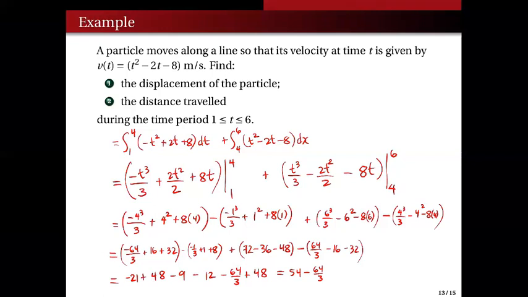And what's 54 times 3? That's 162 over 3 minus 64 over 3. So what is this? This is 98 over 3. Please check my arithmetic. Should be 98 over 3.